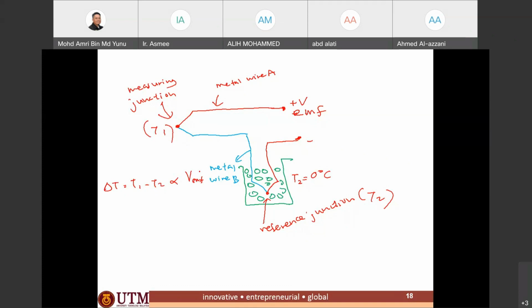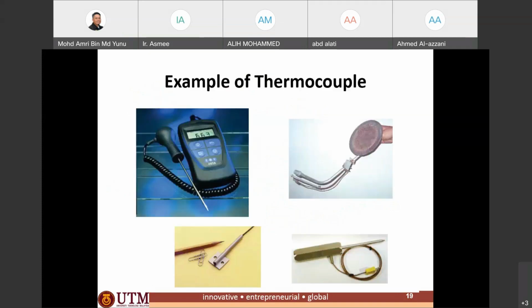It consists of two dissimilar wires connected together to create two junctions, where the temperature difference between the measuring junction and the reference junction will induce EMF at the open terminal.